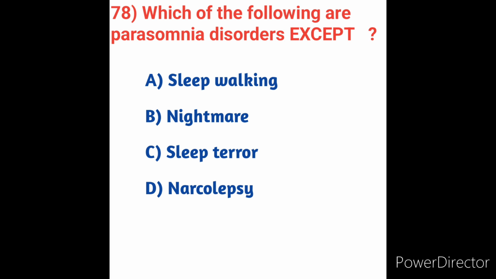It can occur during or before sleep. If anyone has abnormal movements, talks, expresses emotions or does unusual things, it is called a parasomnia. So here, except for the parasomnic disorders, narcolepsy is the correct answer.